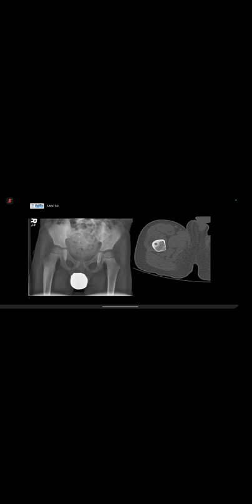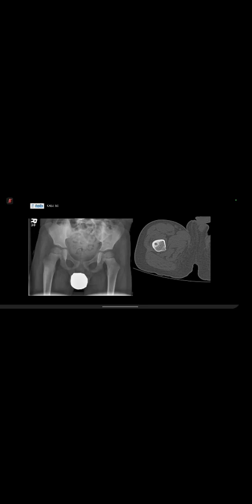Okay, good. So here you can see a nice example of that cortical thickening, the surrounding sclerosis, and the central nidus in the middle of that. So really well identified on the plain film. And you can see how this looks very different to the non-ossifying fibroma that you described before, candidate 2. This is a bone-forming tumour.